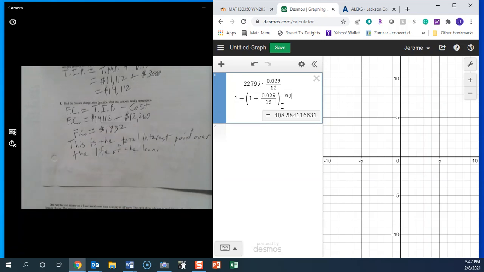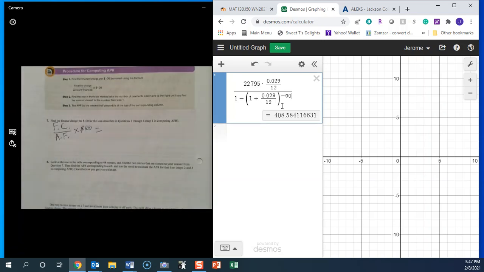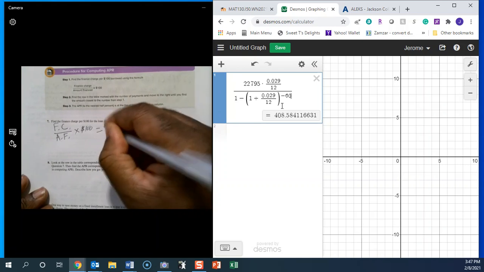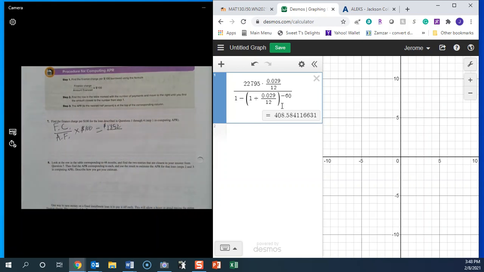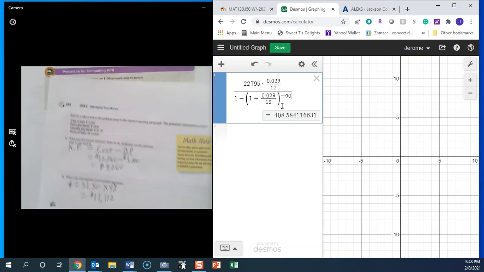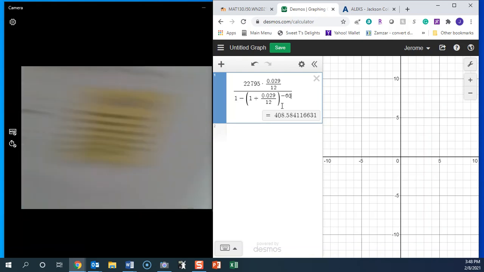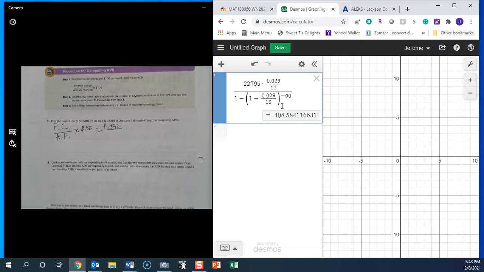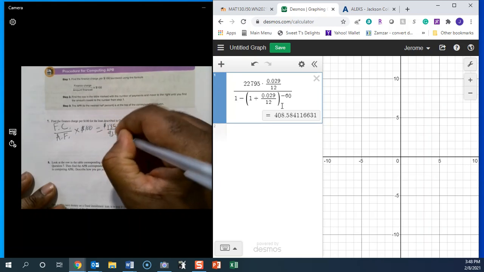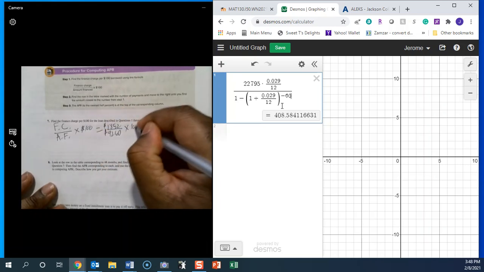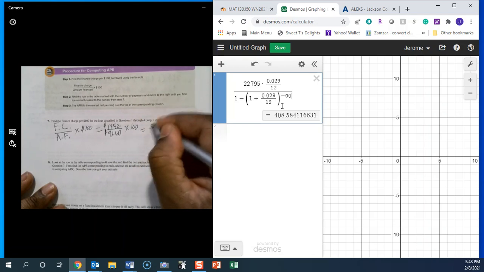The finance charge was $18.52. And the amount financed was on the same page, but it was problem number 1, that $92.60. So now, when we divide and we multiply this by 100, that would give us $20.